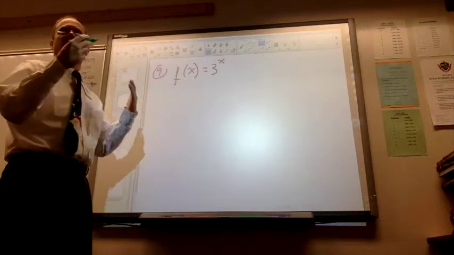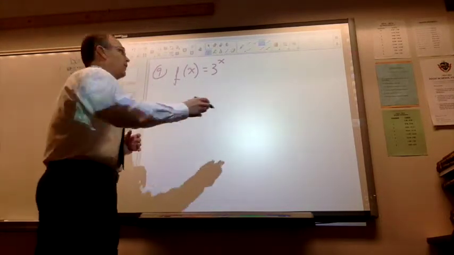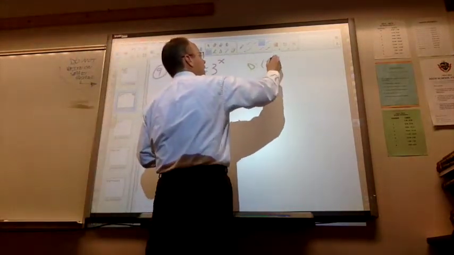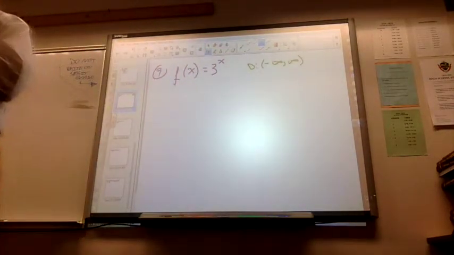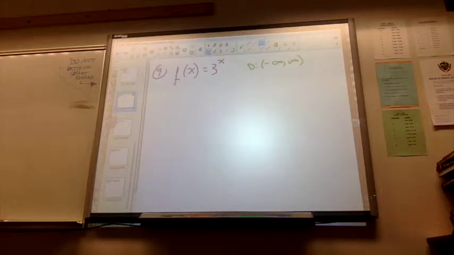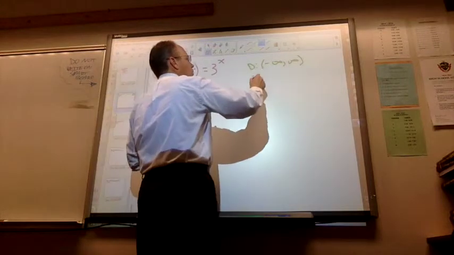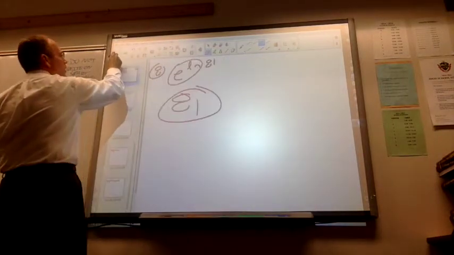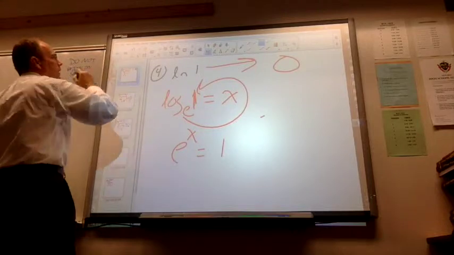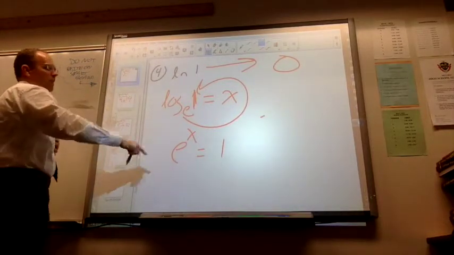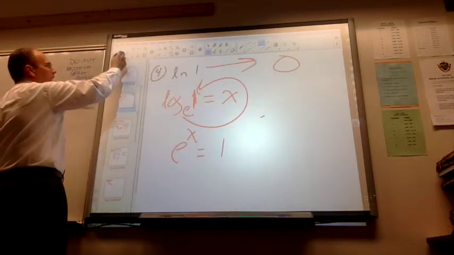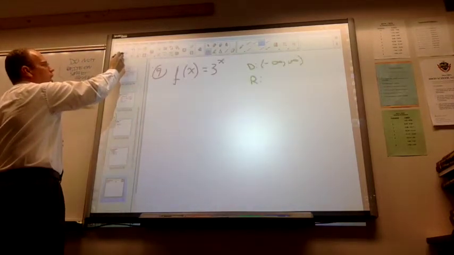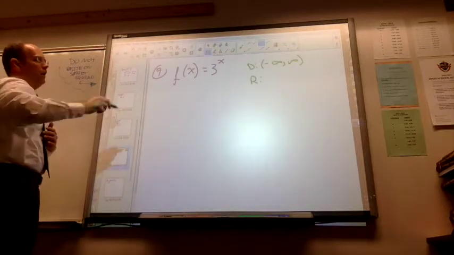I want to find the inverse of both. So first thing I'm going to do is find the domain. I can plug any number I want into x and get something out. Now, it might be a fraction and it might be 1, and that's totally fine. As far as my range goes, remember this. On this kind of problem, I can't get to a 0 when I plug values in.